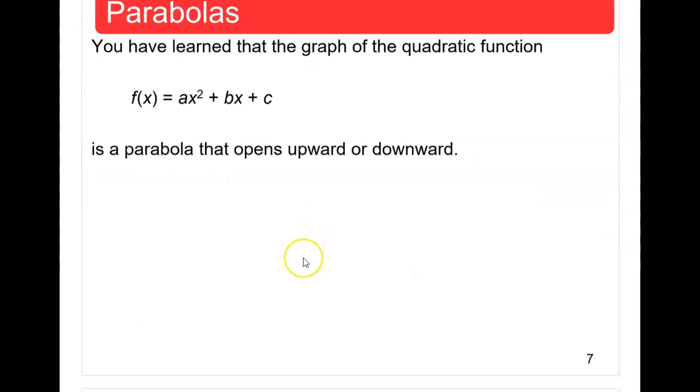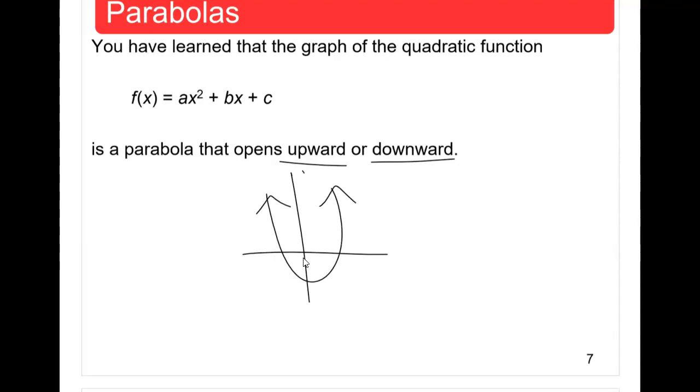Now from chapter 2 of your textbook, or pre-calc 1, you had a chapter about polynomials. Parabolas was part of the polynomials. So you learned about the standard and the general form of the parabola. And you learn how to tell if it opens upward or downward. So upward was something that looks like that.